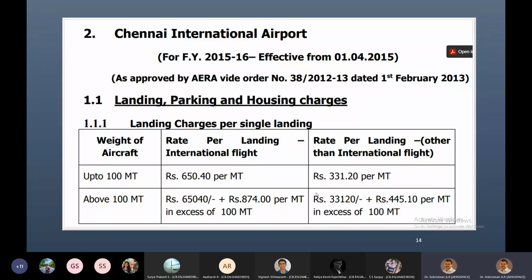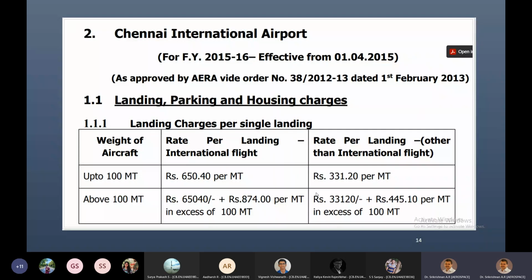And similarly, about half of it again for the domestic landing. So you can see that it's a fairly high amount by whatever standards. So this is a major source of revenue for the international airport, for any airport for that matter. And this also gives us a feel for how much COVID would have affected everybody when the flights were cut off and practically no operations were there.